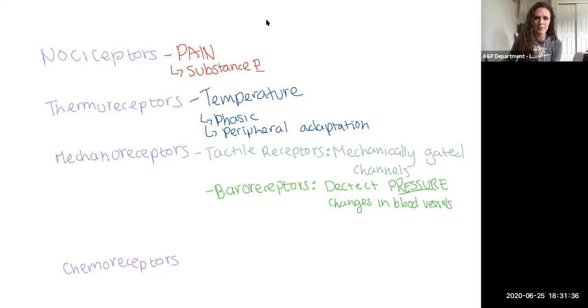Your last type of mechanoreceptor is a proprioceptor, and we kind of talked about this earlier. Okay, this uses 3 different types of things. It uses muscle spindles.